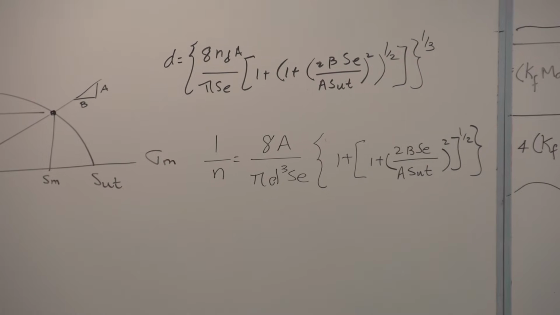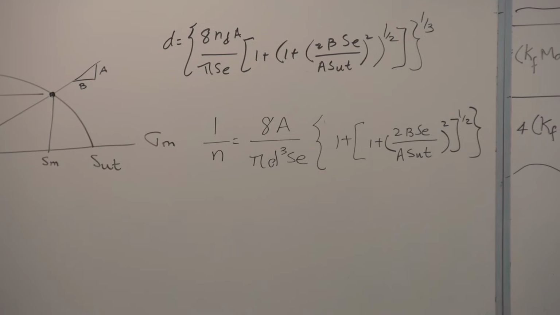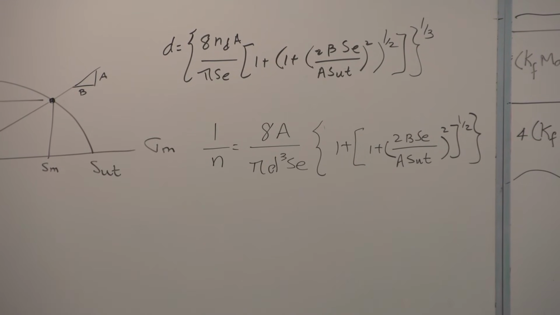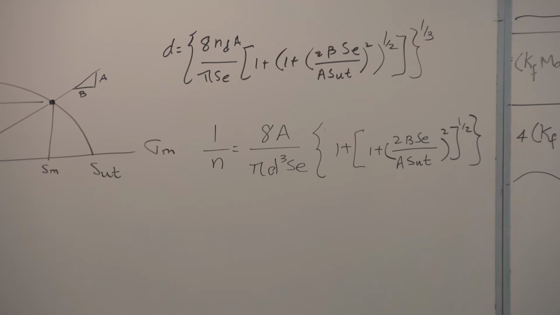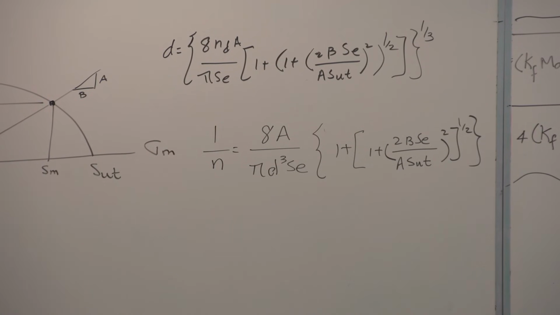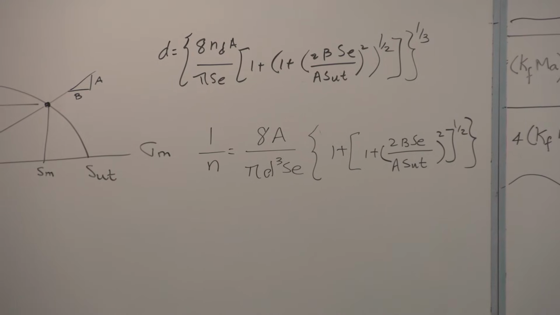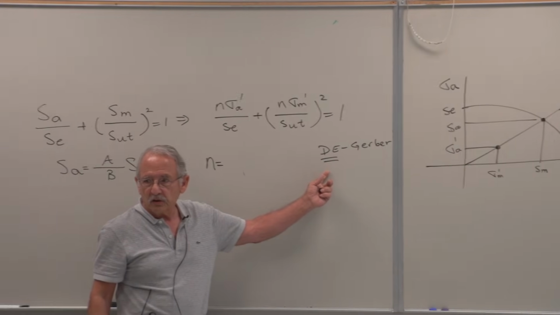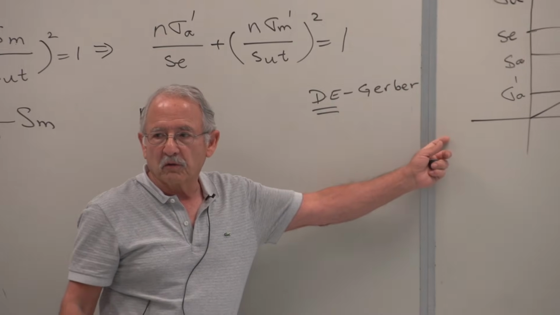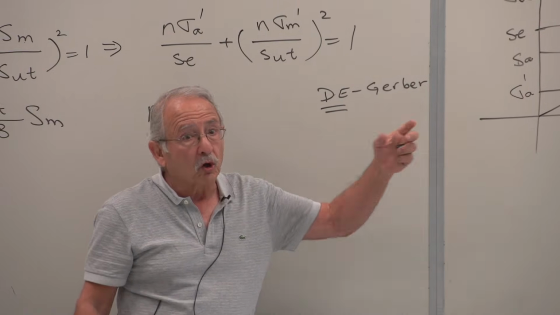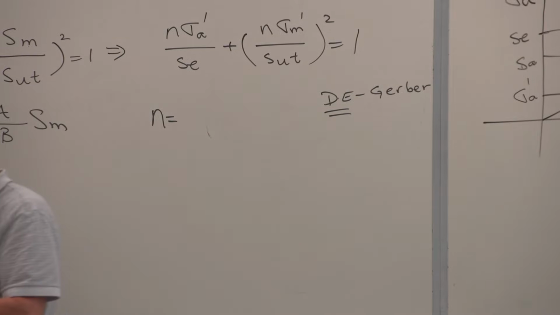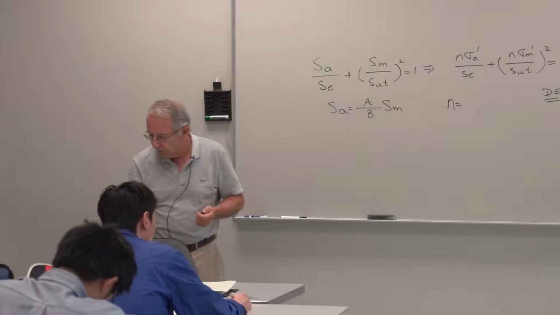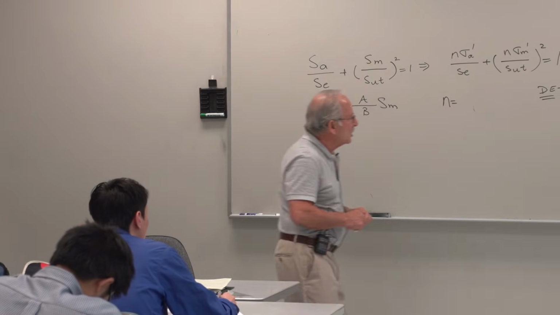Now, these equations are called DE Gerber, meaning we calculated the stresses using the distortion energy or von Mises equation. We used the Gerber failure criterion. There are others, such as, for example, ASME. You will see DE ASME.